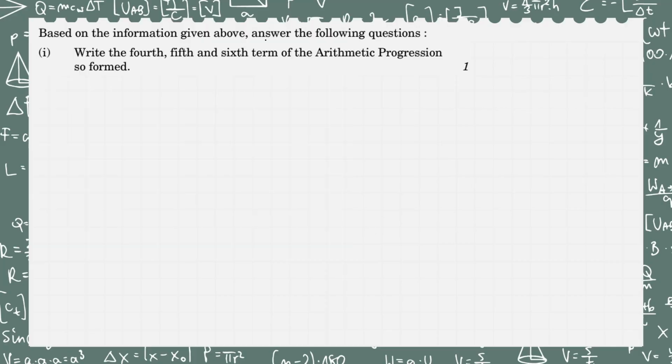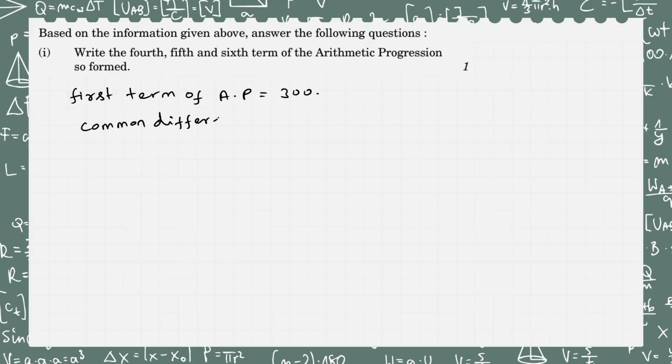Based on the information given above, answer the following questions. First one, write the fourth, fifth and sixth term of the arithmetic progression so formed. So, we know that the first term of the AP, which we are going to call A, is equal to 300, right?